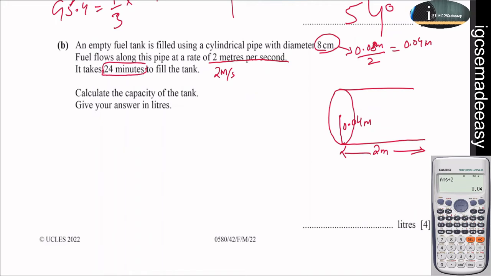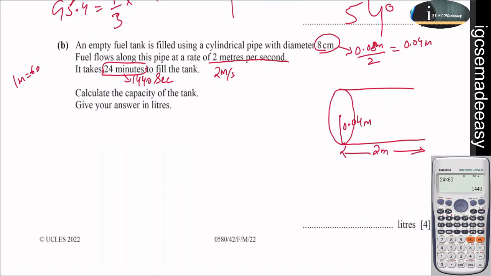So let's convert minutes to seconds and take all the units the same. 1 minute equals 60 seconds, so 24 times 60 equals 1440 seconds.